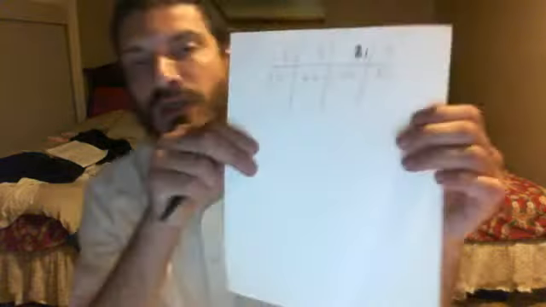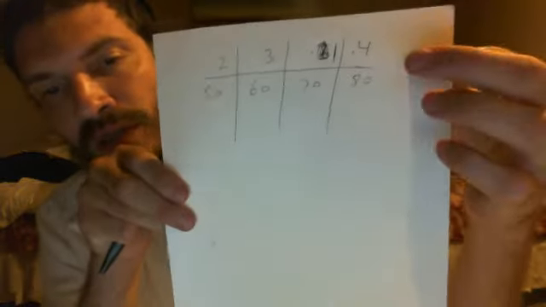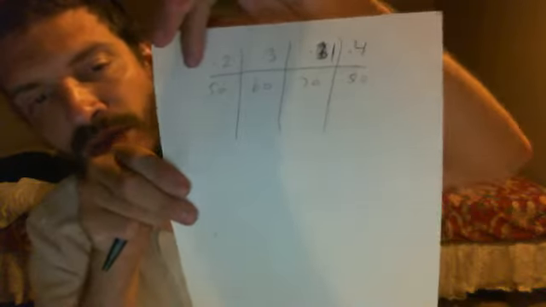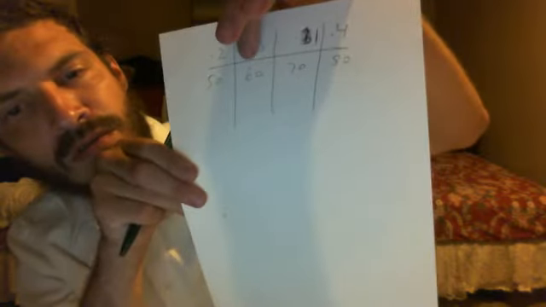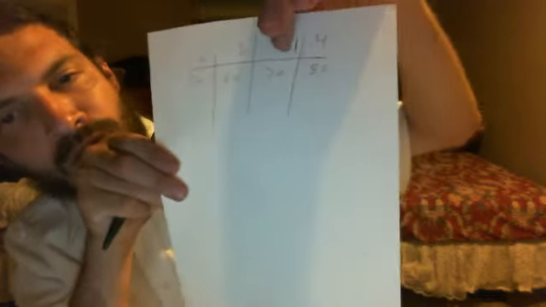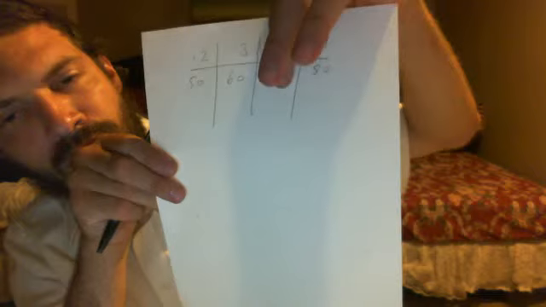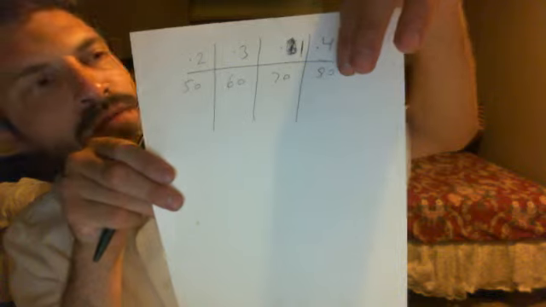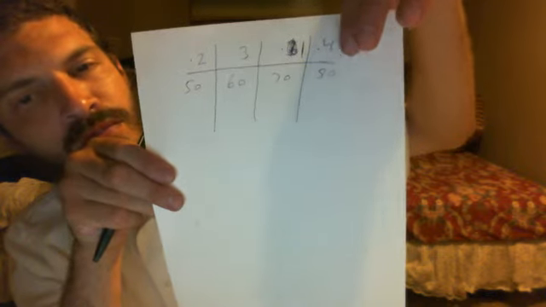So everybody knows that there's a way to find out the average. How is that? Very simple. You multiply each number, the top, times this. You can start from here. 0.2 times 50. 0.3 times 60. 0.1 times 70. And lastly, 0.4 times 80.